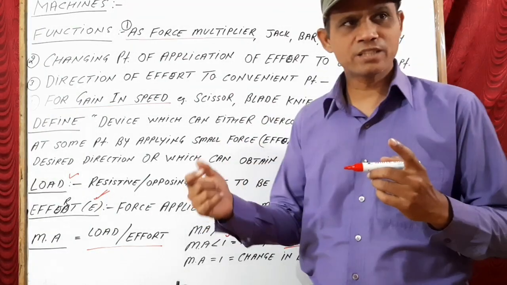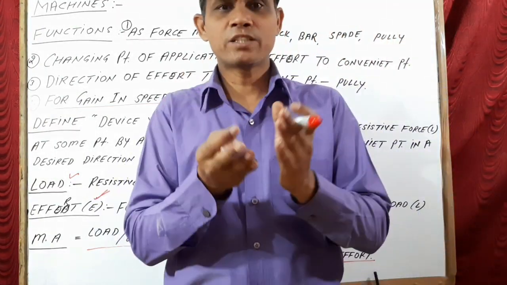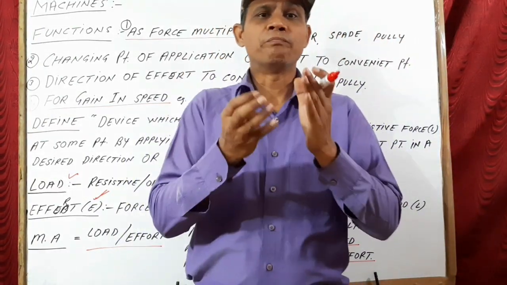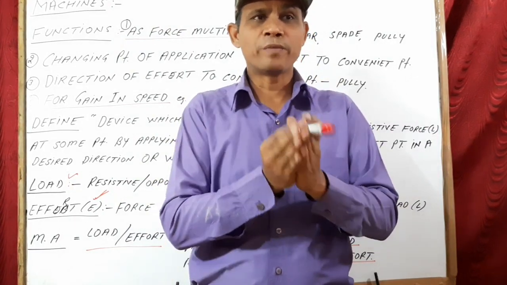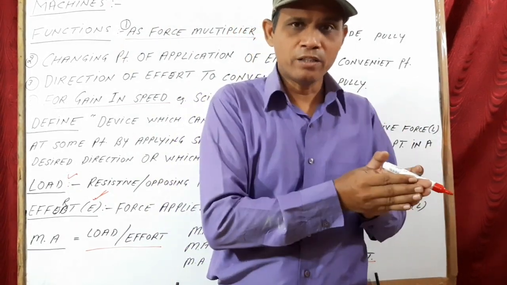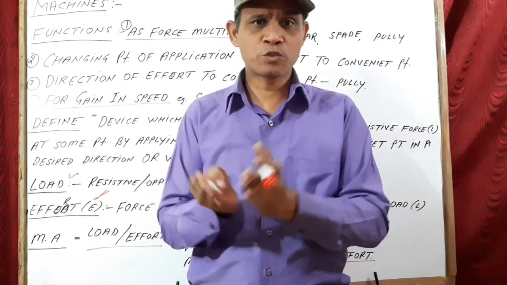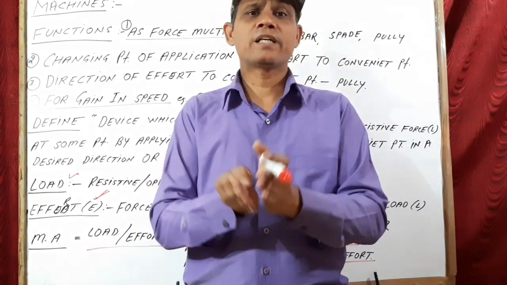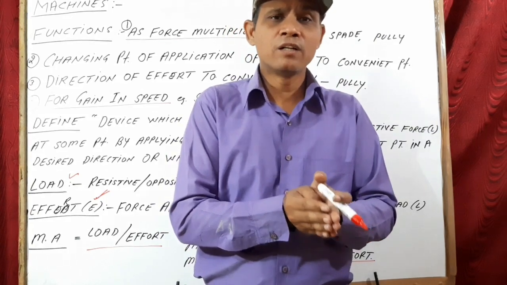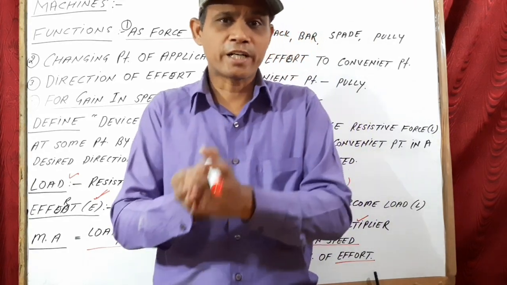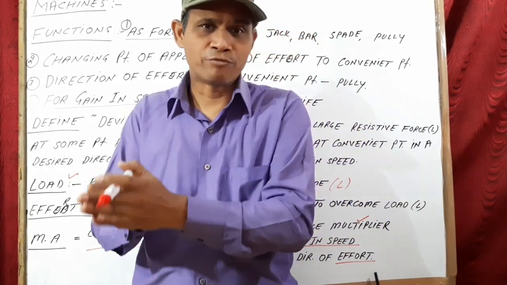So 3 things: mechanical advantage may be greater than 1, may be less than 1, or may be equal to 1. Depending upon it, the machine may act as force multiplier, it can act as gain in speed, or it can change the direction of effort.